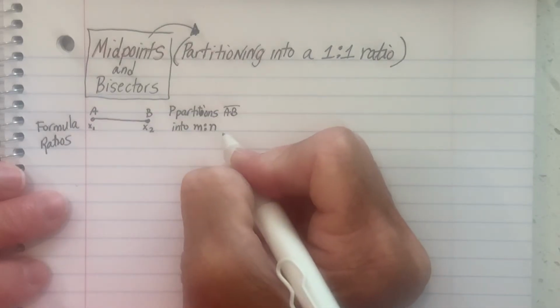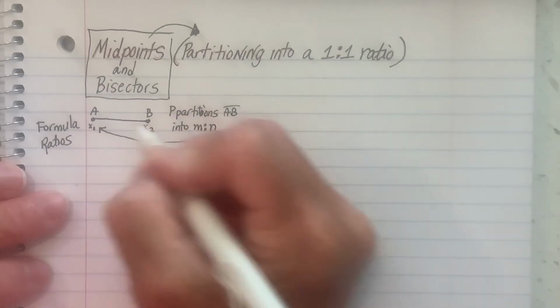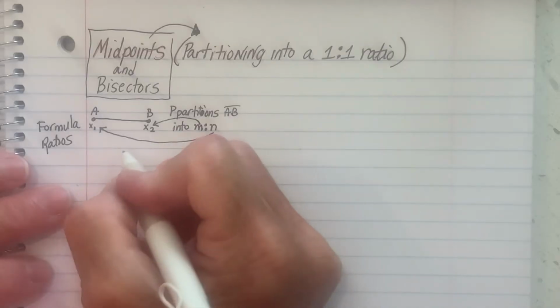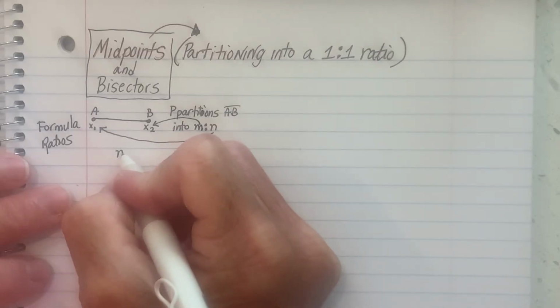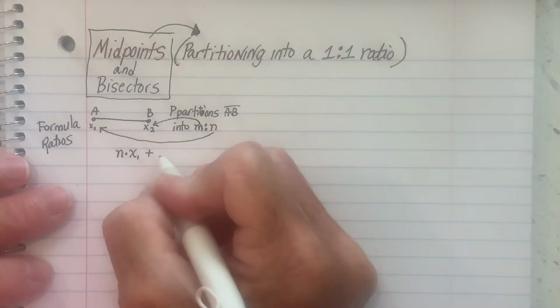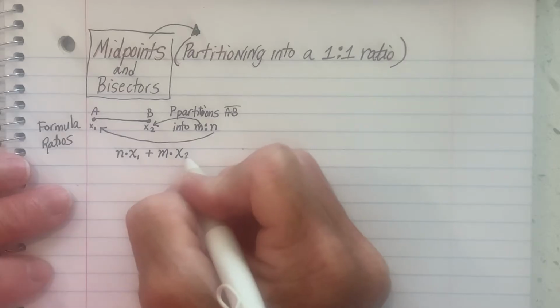And remember that the second value was multiplied by the first point. The first value in the ratio was multiplied by the second point. So it was n from the ratio times the value of that first coordinate plus m from the ratio times the value of that second coordinate.